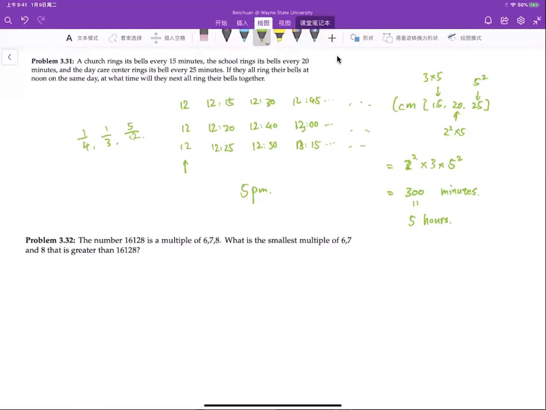Because this involves fractions, it's not recommended to do it this way, right? So it's still recommended to calculate it by using the minutes and then transform it into the hours.